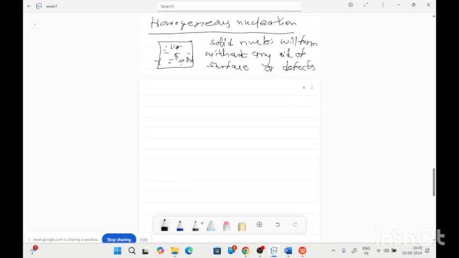For this solid nuclei, if we see the energy generated during the nucleation of this solid, one energy associated with it is the volume free energy of the solid nuclei.